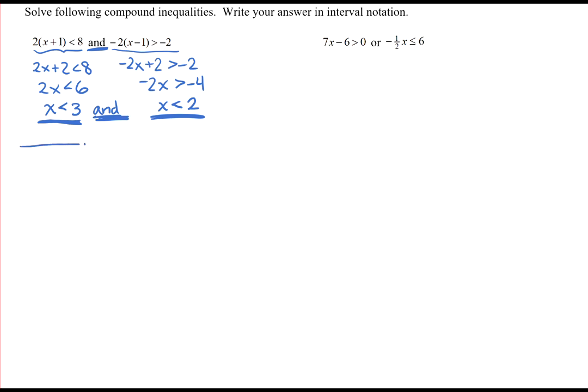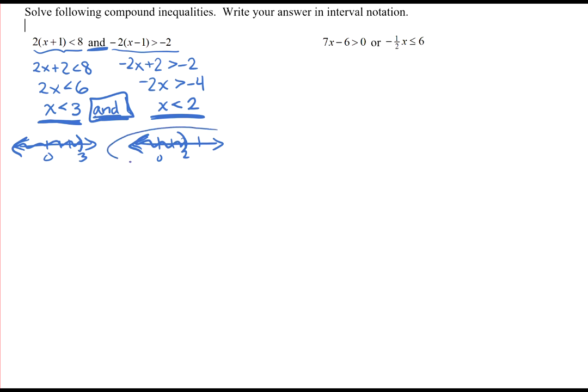So I need to think about what that would mean in terms of a picture. If x is less than 3, that means if this is 0, 1, 2, 3, I'm going to be less than 3. Whereas if x is less than 2, here's 2, I need to be less than 2. Well, what do those have in common if I'm intersecting them? What they have in common is from 2 on down.